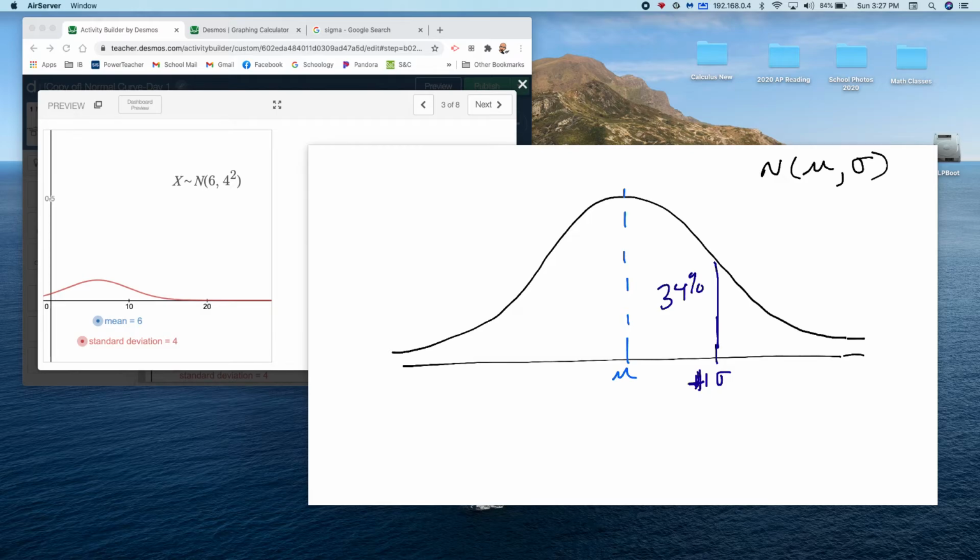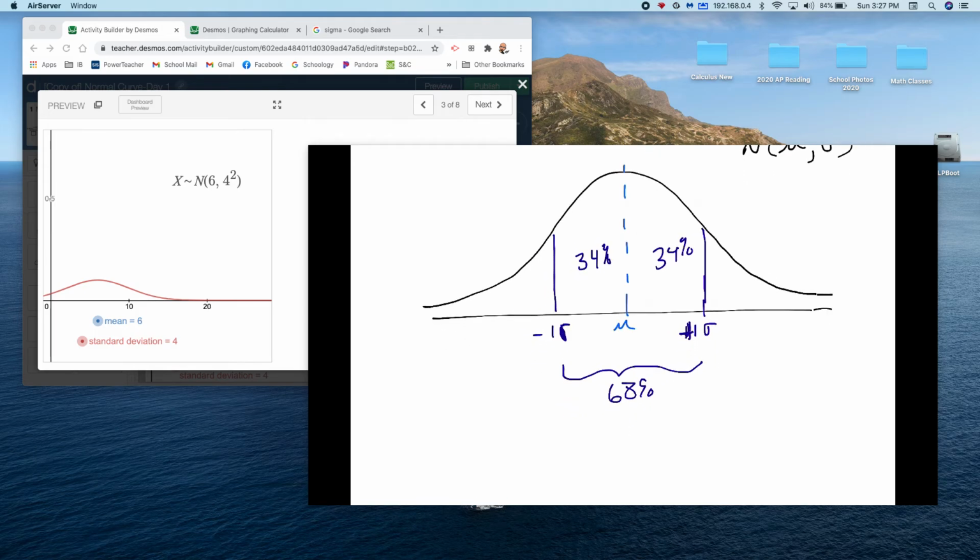Since this is symmetrical, if we subtract one standard deviation, that's also 34% of the data. So this whole amount right here is 68% of the data.